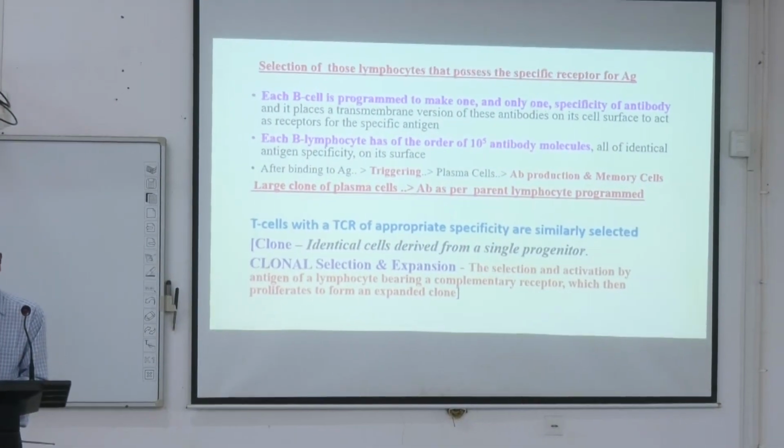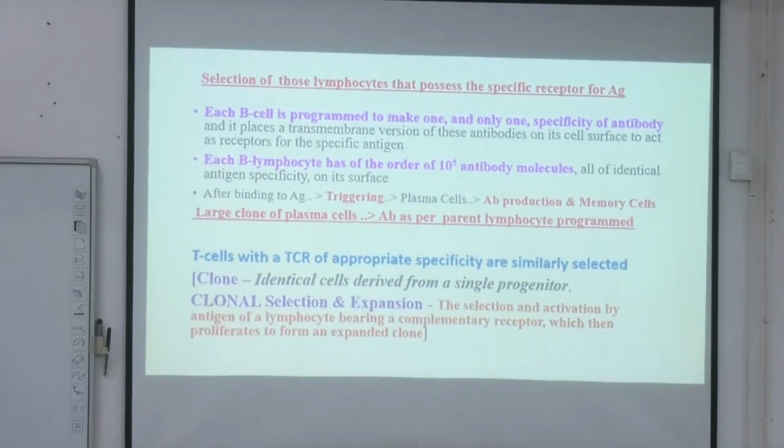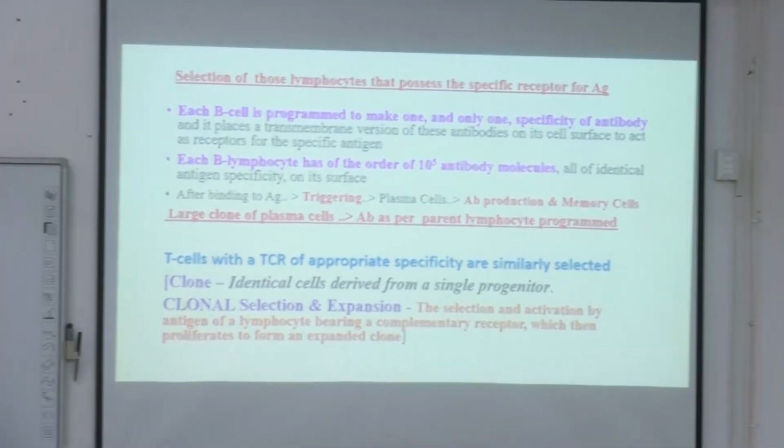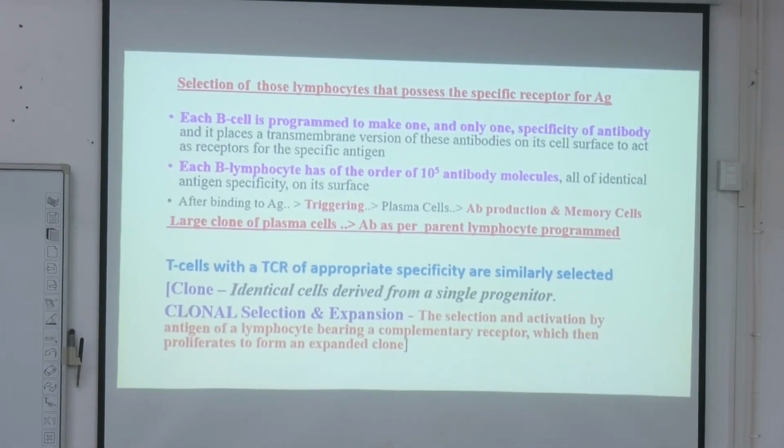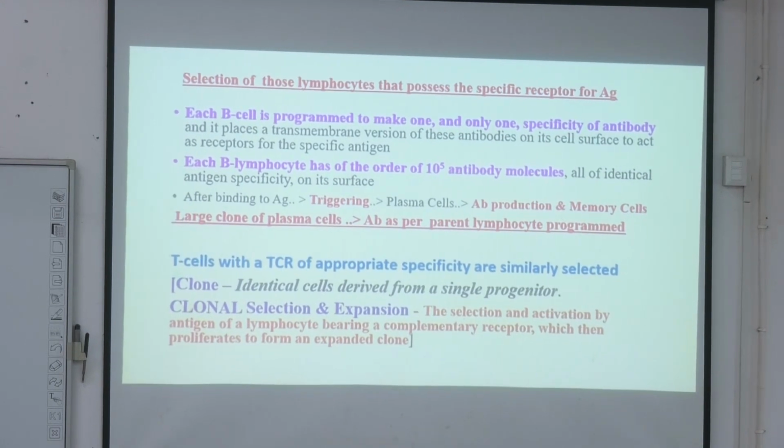Remember, one B cell is endowed with the capacity of forming only one type of antibody, and the number of receptors in a B cell is of the order of 10 to the power 5. So, that many receptors are there in the B cell.